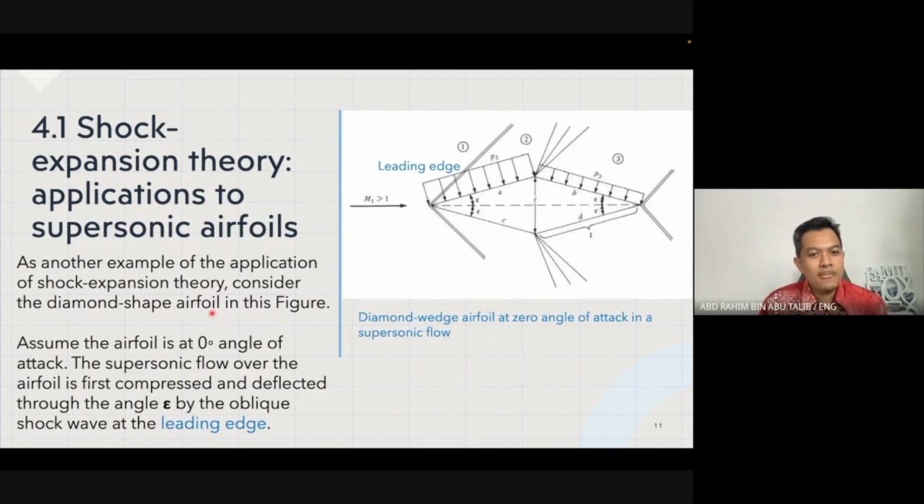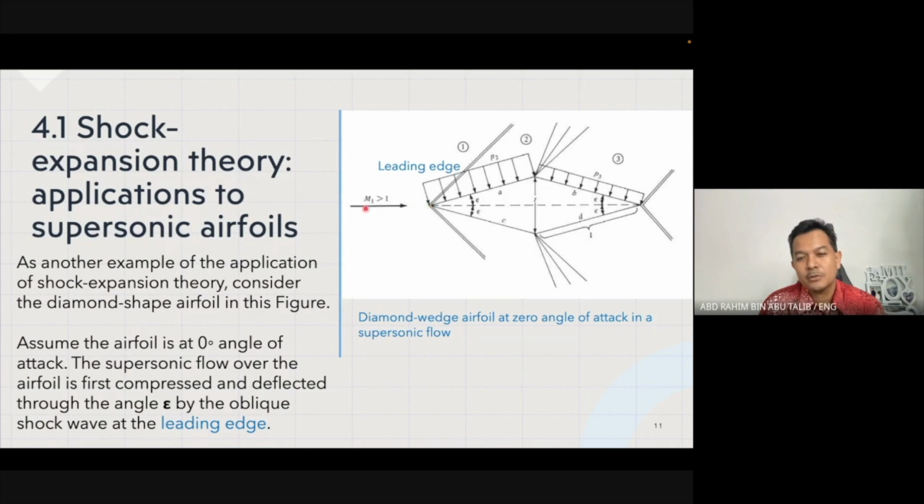Another example of the application of shock expansion theory. Just now we looked at a flat plate traveling at a supersonic speed at an angle alpha. Now I want you to consider a diamond-shaped airfoil, normally called a diamond wedge airfoil, at zero angle of attack in a supersonic flow.